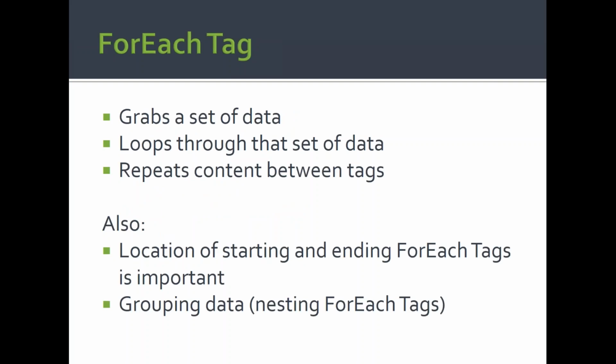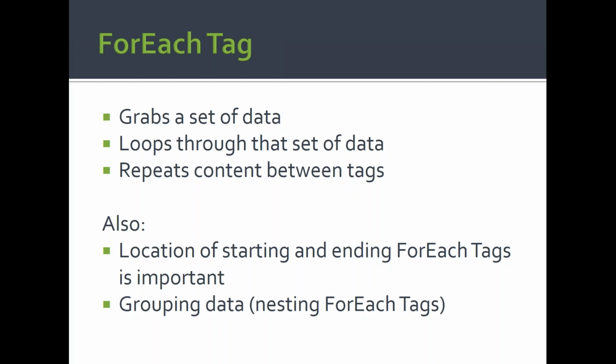So for the for each tag, let's review what it actually does. It does 3 things. First, it grabs a set of data, any set of data you'd want to pull from your data source. Second, it loops through that set of data that you selected to work with.